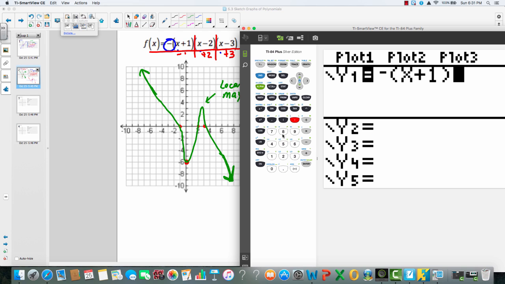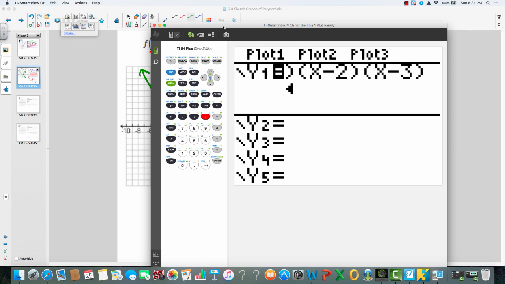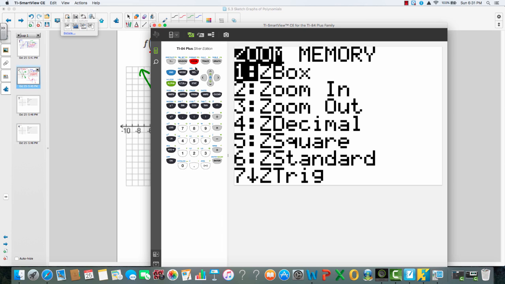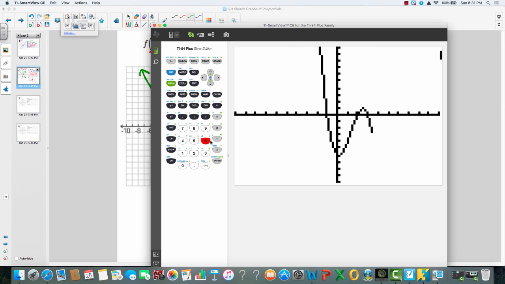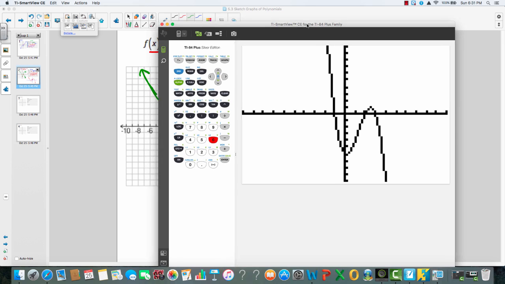You should be doing this with me. Okay, zoom 6. Not bad. Check it out.